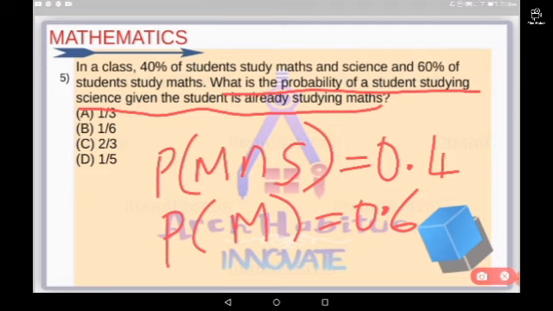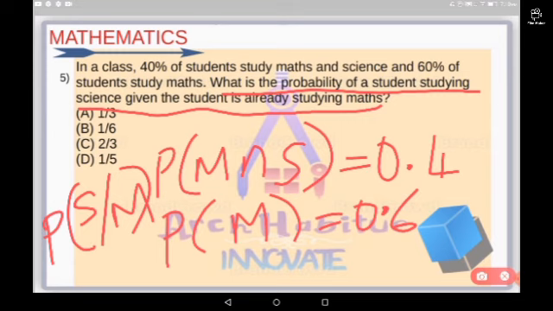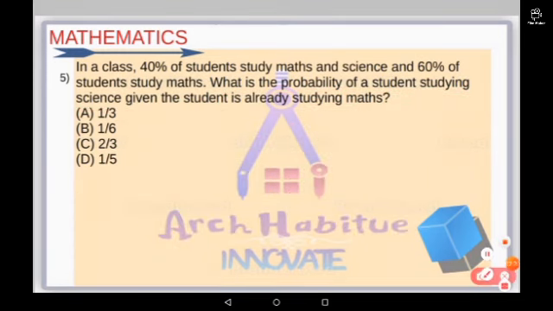So conditional probability of the event science happening, for which maths is an event that has already happened. So this will be P of S given M, right? What is P of S given M?